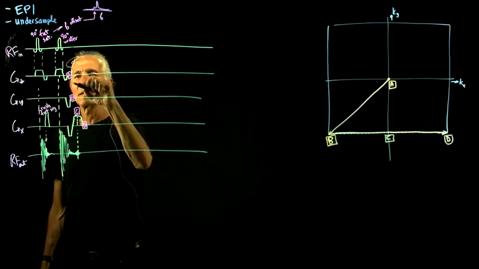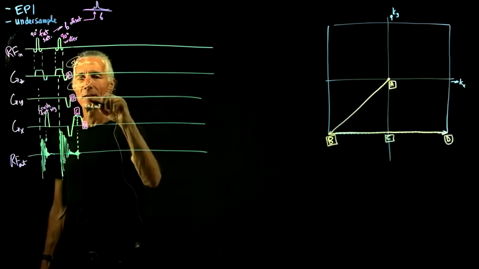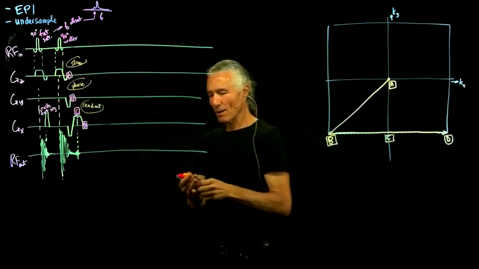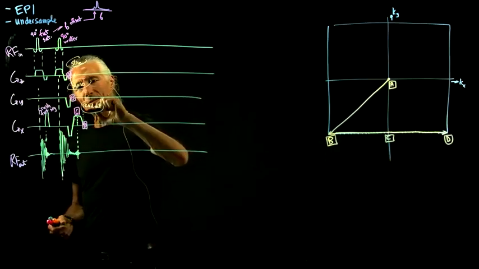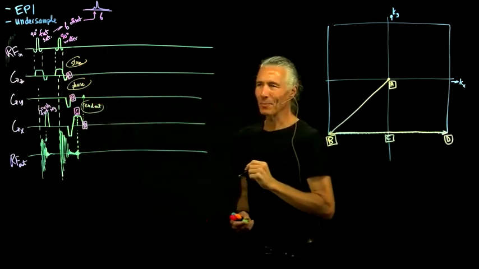This is phase. And this is readout. So we haven't turned the phase encode gradient on, but what we do now is, right where we're crossing 0, we turn on a blip. So that's called a blip.